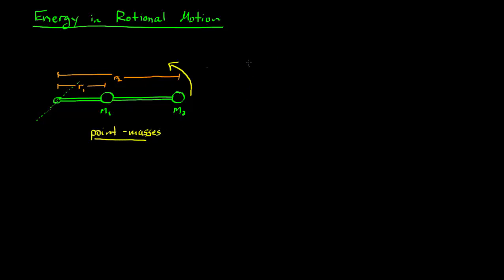And so the tangential velocity from last time is going to be the angular velocity times the radius, how far away it is. So the velocity for mass 1 would be the angular velocity of 1 times r1. And the velocity of 2 would be angular velocity 2 times r2.